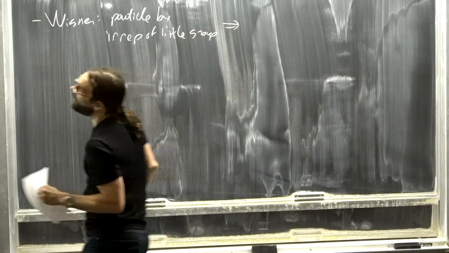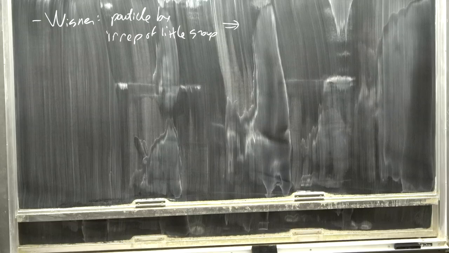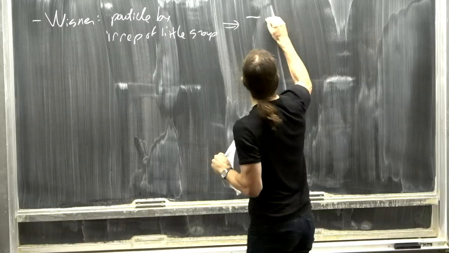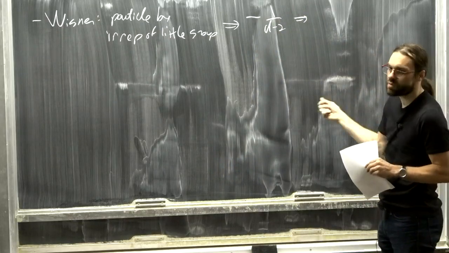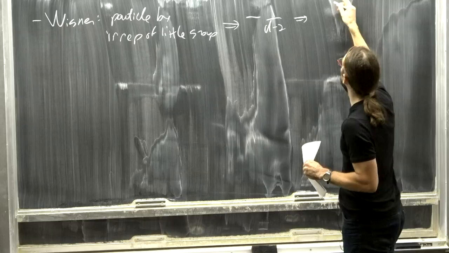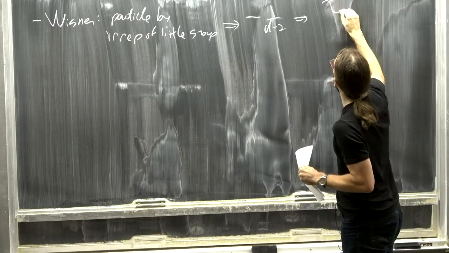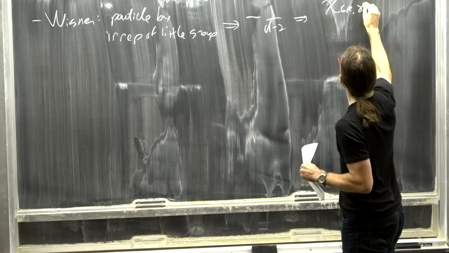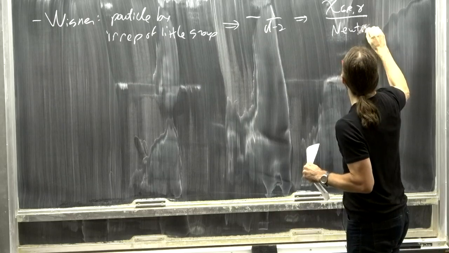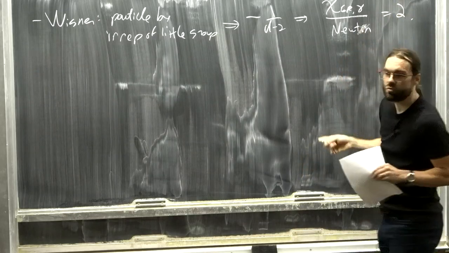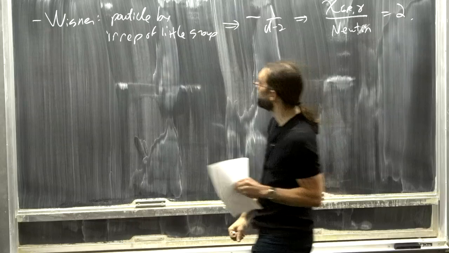This is why we add the trace subtraction, because if you don't subtract the trace, you don't have an irrep of SO(D minus 2). That minus 1/2, in D equals 4, was responsible for the fact that the deflection angle in GR for a photon divided by the Newtonian prediction was this famous factor of 2 that we finished with.